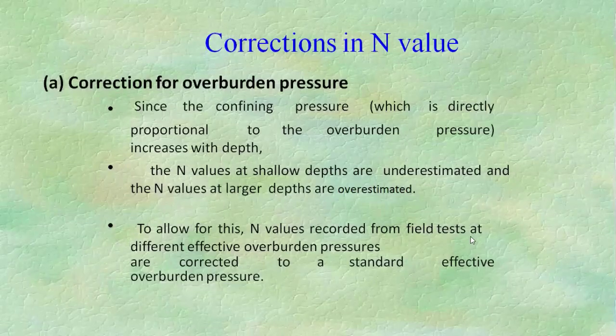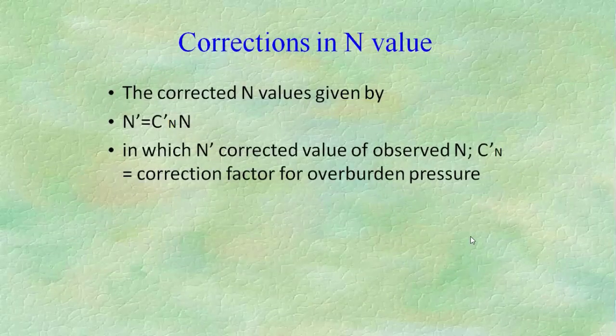So the value of N at shallow depths and larger depths is underestimated and overestimated respectively. Hence, to account for this, the value of N obtained from the test is corrected to the standard effective overburden pressure. The corrected value of N is Nc, equal to C times N.